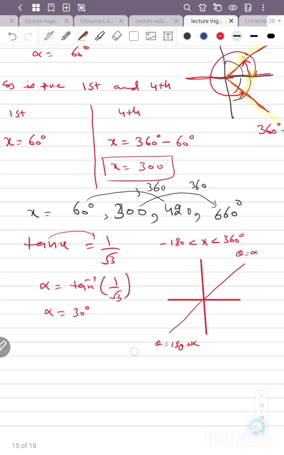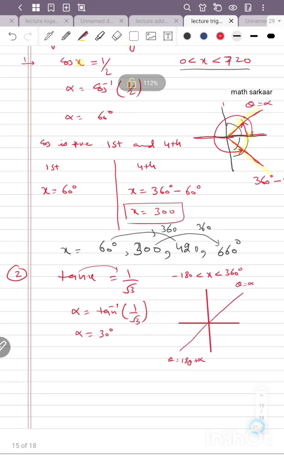Now moving forward, our first answer, if we start from here, is 30 degrees. When we move forward from here to here, we get 180 plus 30, which is 210. But when we look at this interval, there is minus 180.